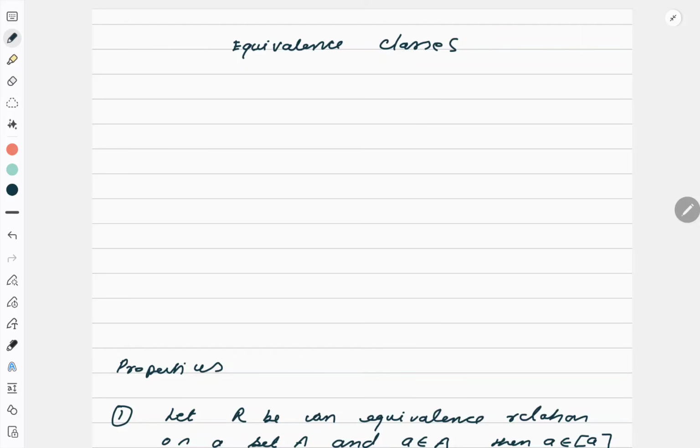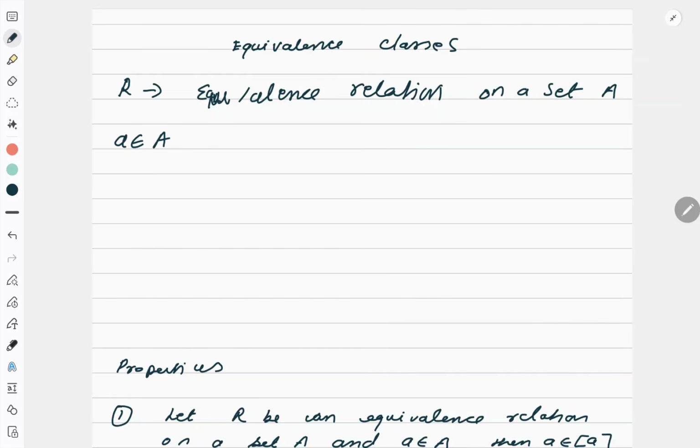Suppose there is a relation R which is an equivalence relation on any set A, and there is an element a that belongs to A. Then the set of all the elements of A which are related to a belongs to the equivalence class of a.